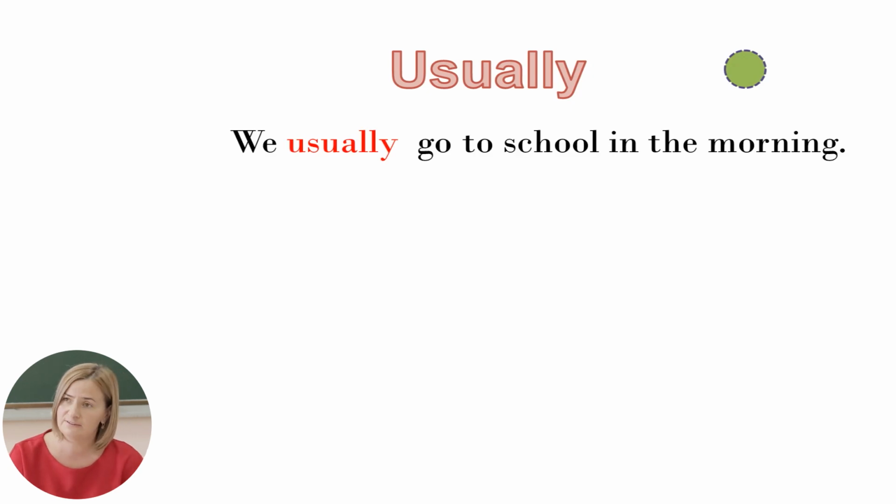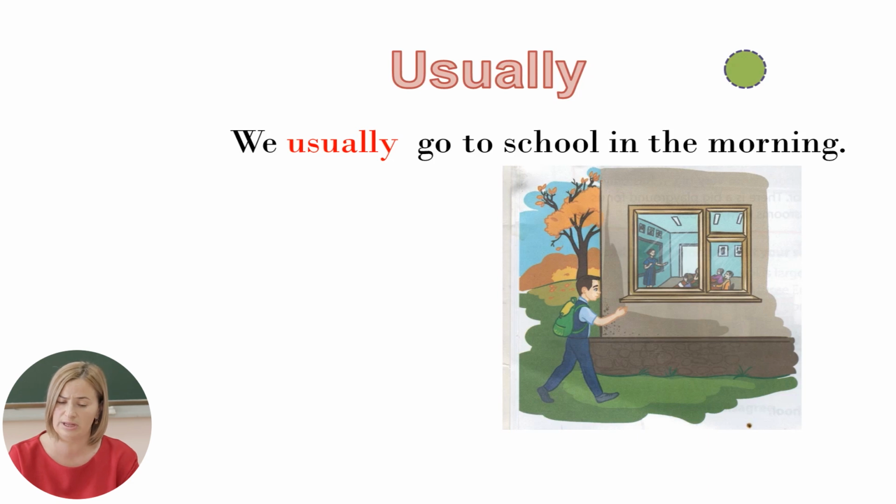Usually also expresses how frequently we do things, and it is also used in mid-position between the subject and the main verb. We usually go to school in the morning, so usually is used between the subject we and the main verb go.